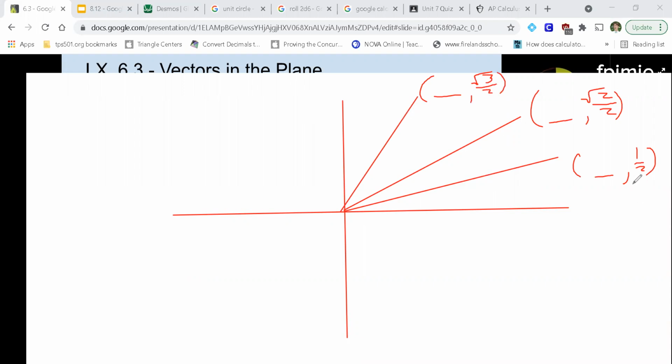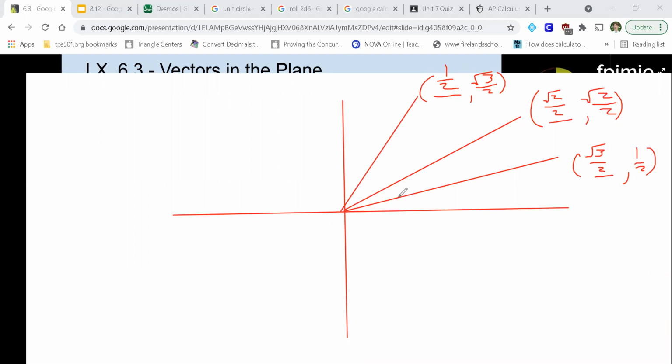If you can remember just this, I think you can fill in everything else. Because if your Y values ascend 1, 2, 3, you know the X values are just the other corresponding one, right? So the X values will descend 1, 2, 3, or they'll just match in their little pairs here. Right, so 1/2 always matches with square root of 3, square root of 2 always matches with itself.